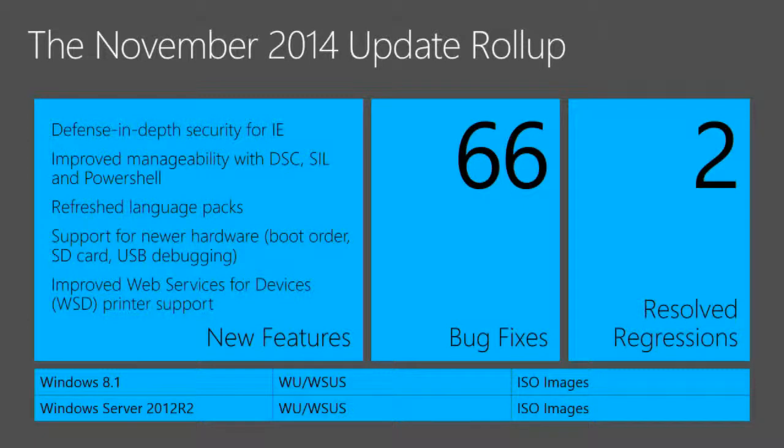We actually did the analysis of how many vulnerabilities we had to do security updates for IE prior to that release, and hundreds of them would not have been vulnerabilities or would have been strongly mitigated by this feature that strengthens the browser. And then we have a few management features, desired state configurations, software inventory logging, and things like that. This update also fixed 66 bugs, had 2 regressions that have now been resolved.